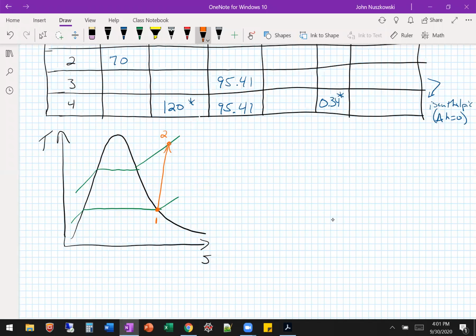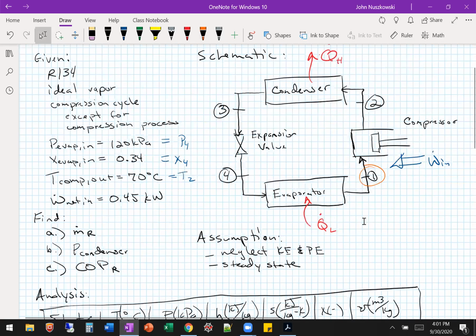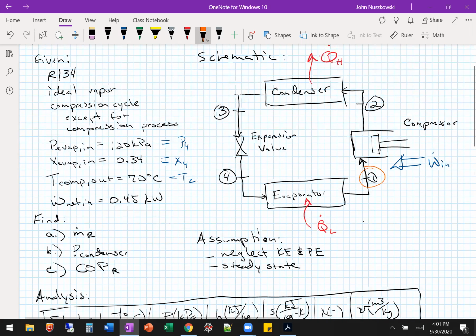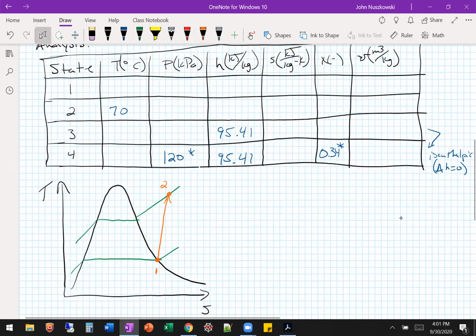Now we are going through our condenser. We're rejecting heat, so our entropy is decreasing, keeping pressure constant. Go all the way and condense it, and we end up at state 3.